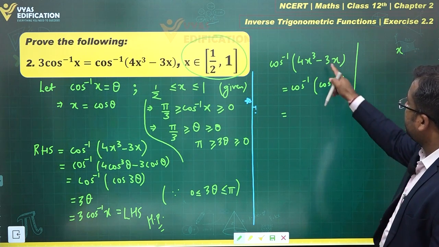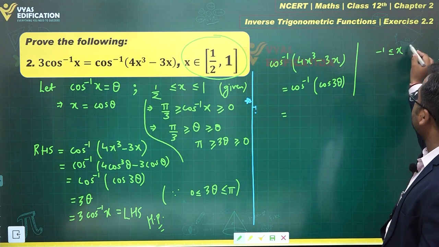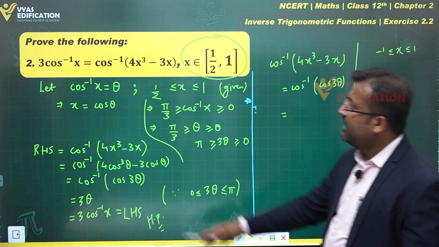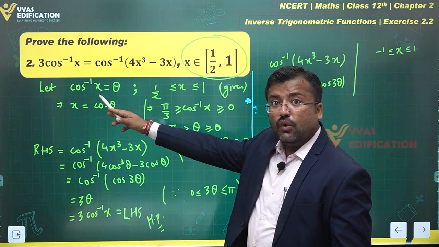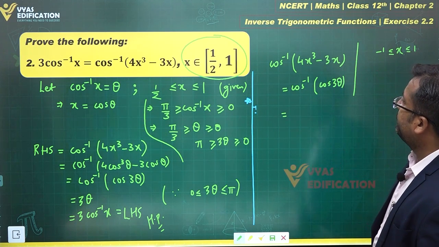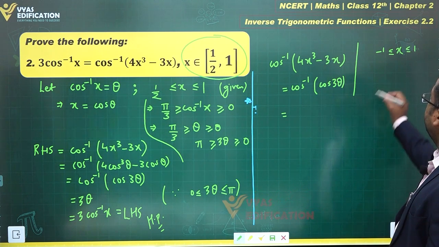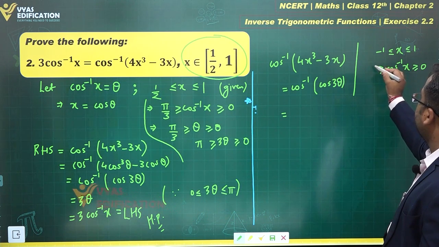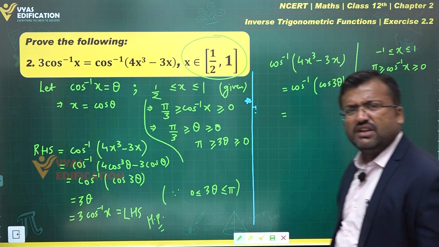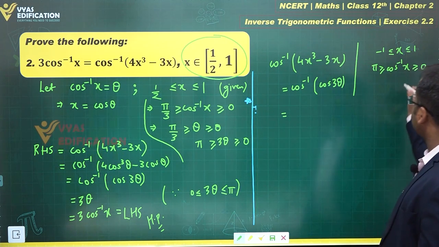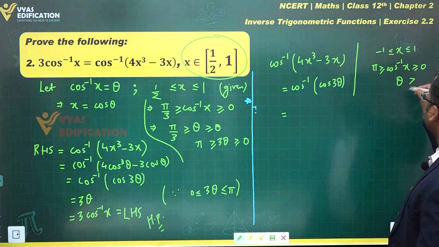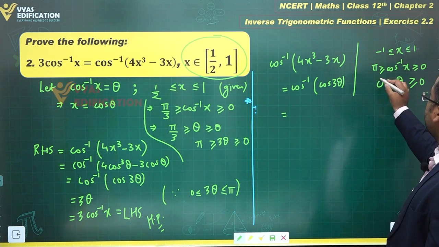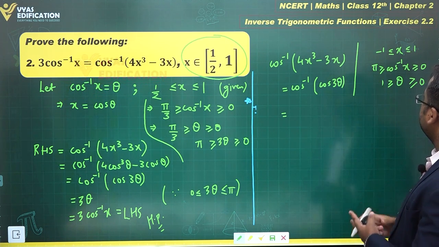If not, then in general x will be from minus 1 to 1. And then cos inverse x will be from 0 to pi. Cos inverse of minus 1 is pi, right? And cos inverse x implies theta.